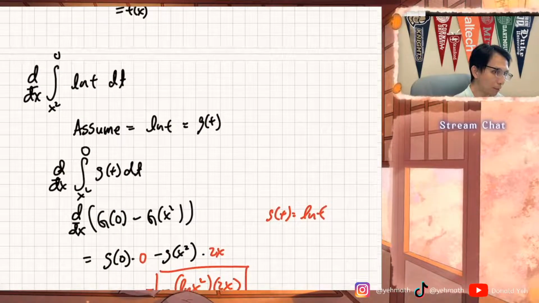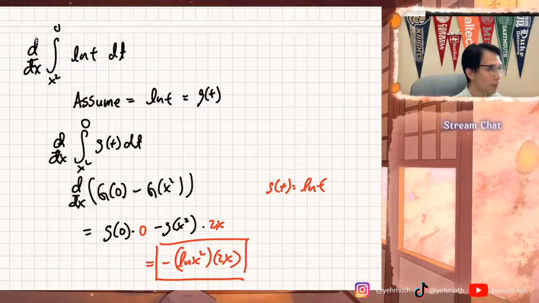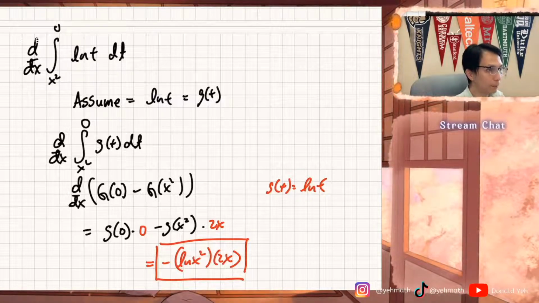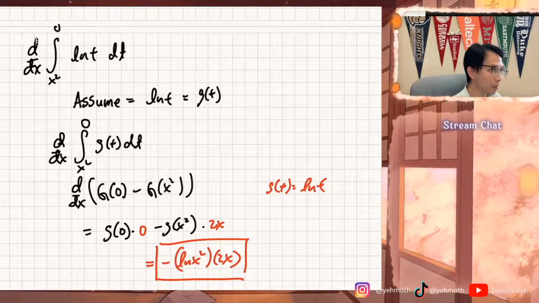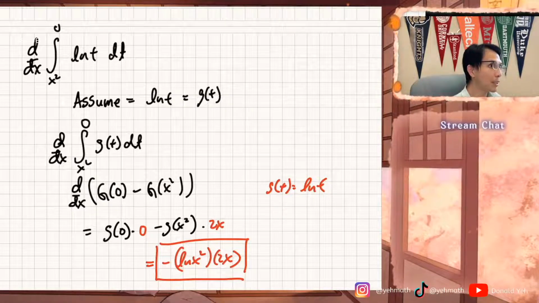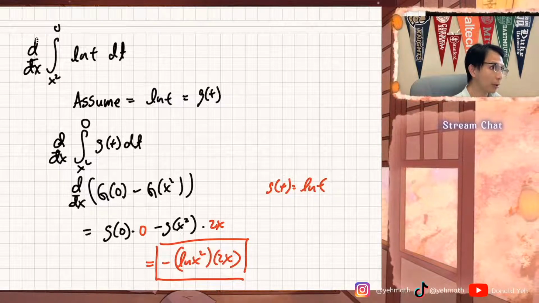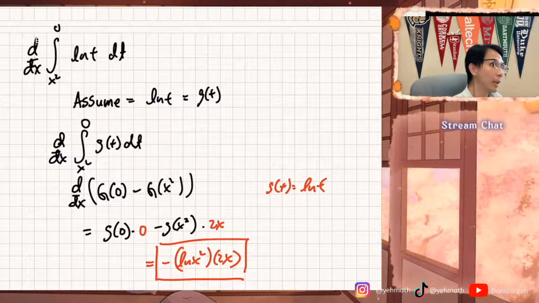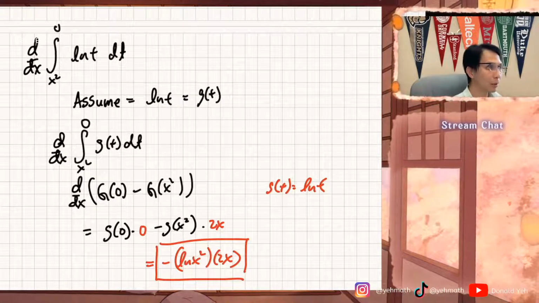Now look at this question. I'm going to take the derivative d/dx of the integral from 0 to x squared of natural log of t dt. Here's the truth: no one in BC Calc knows how to integrate natural log of t until today, because today we just cover integration by parts. But you can do this question anyway.